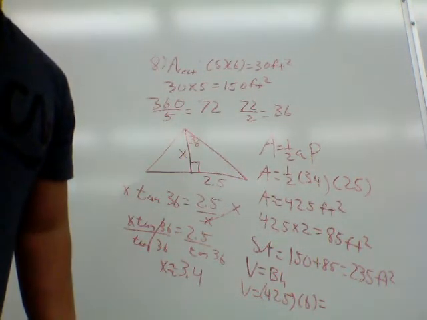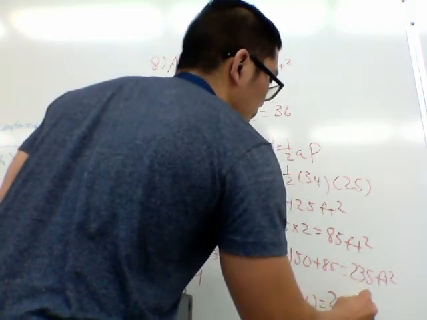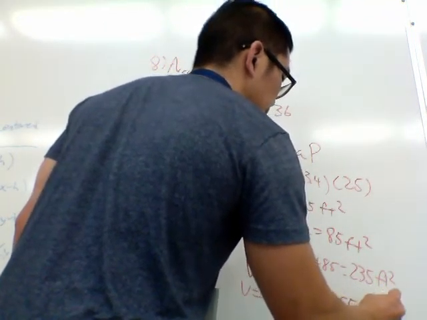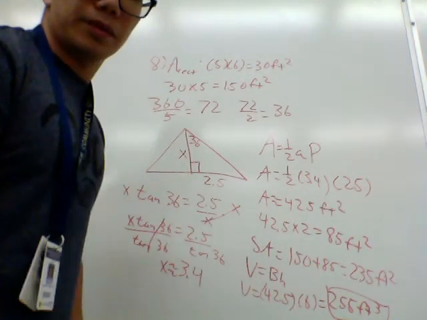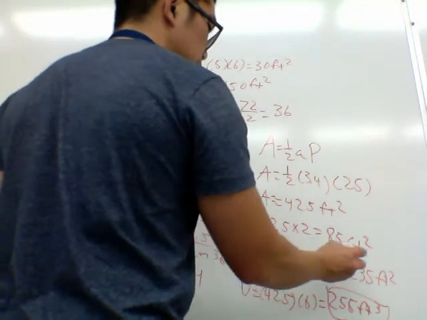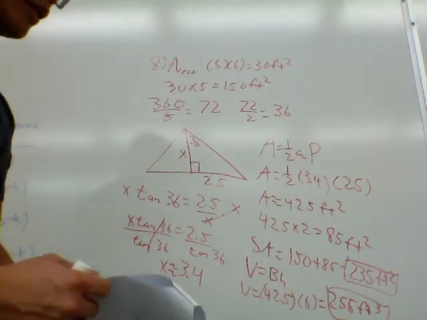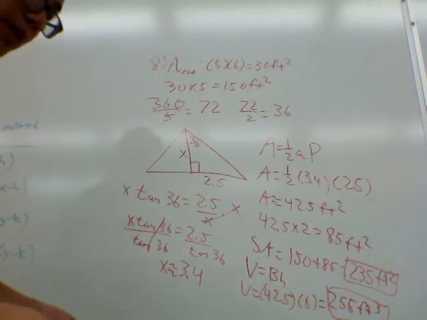So 42.5 times 6 is equal to 255 feet cubed. Okay. So your two answers here are 235 feet squared for that surface area and 255 feet cubed for the volume.